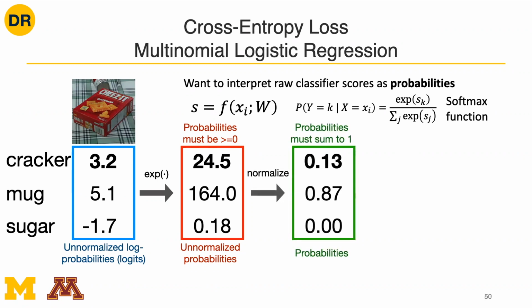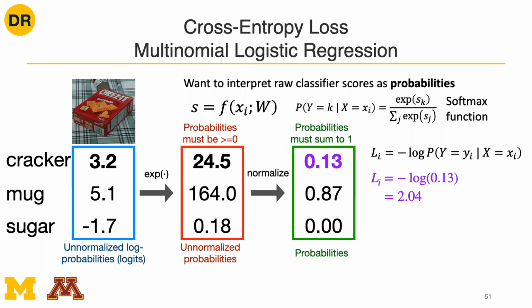Now, for the cross entropy loss, the loss is defined as negative log of the probability of that particular class. So for this example, it's 0.13. If you plug into minus log of 0.13, you'll get like 2.04.